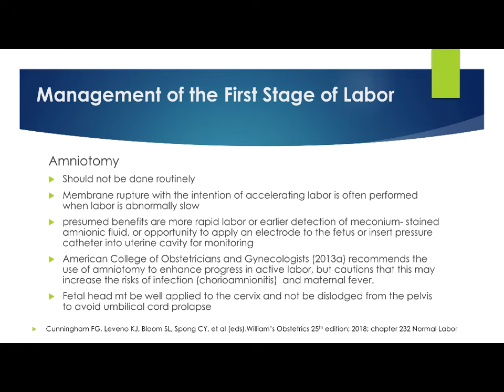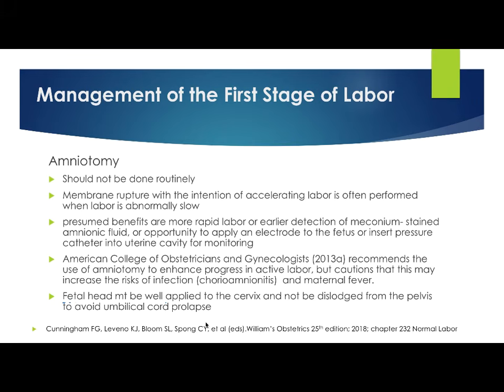So how about amniotomy? Okay, amniotomy should not be done routinely. Okay, membrane rupture with the intention of accelerating labor is often performed when labor is abnormally slow. And the presumed benefits of amniotomy are, number 1, more rapid labor, or number 2, earlier detection of meconium-stained amniotic fluid, and number 3, the opportunity to apply an electrode to the fetus or insert a pressure catheter into the uterine cavity for monitoring.